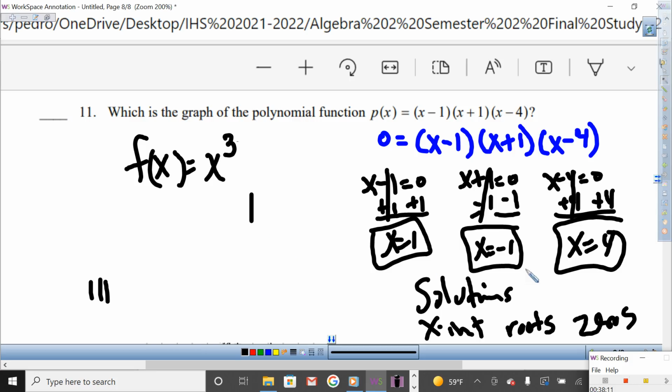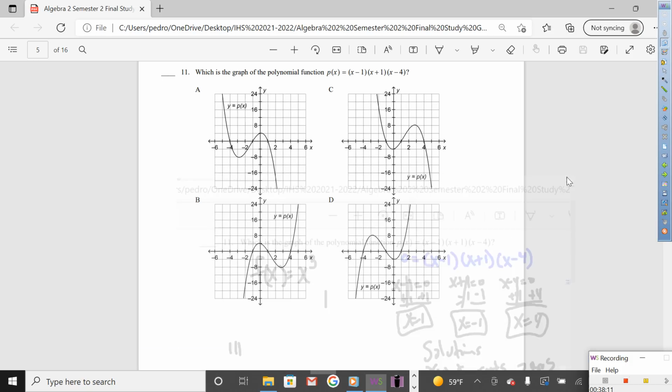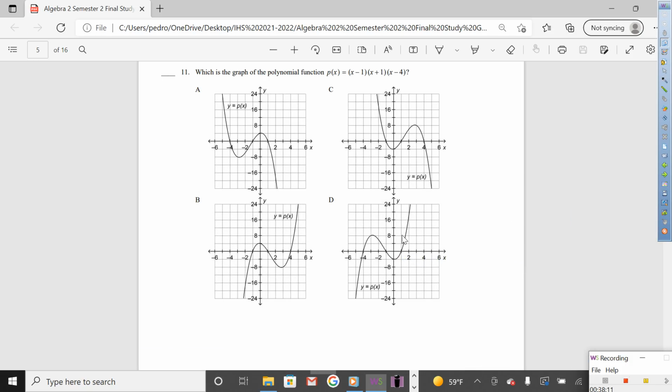Look at the options, talk it over with your neighbor, see if they have the same answer as you. Your graph has to go through 1, negative 1, and 4. Wait a minute, they're all cubic functions, right?